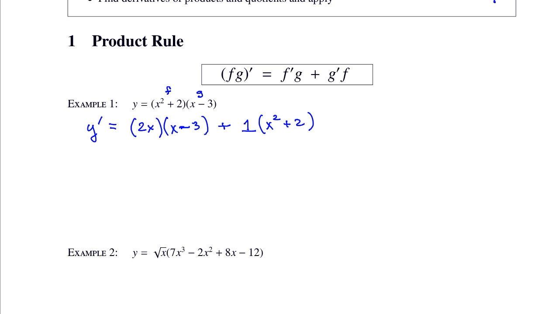And then we multiply and simplify. So this would be 2x squared minus 6x plus x squared plus 2. And so that's 3x squared minus 6x plus 2.